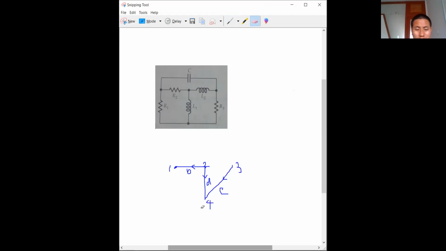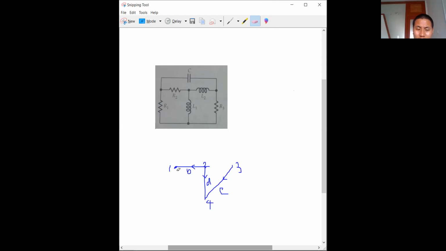Now this is called the tree. Previously we had branch F here, branch C here, and branch A here. Now A, C and F are called the links. Branches B, D and E are called twigs.